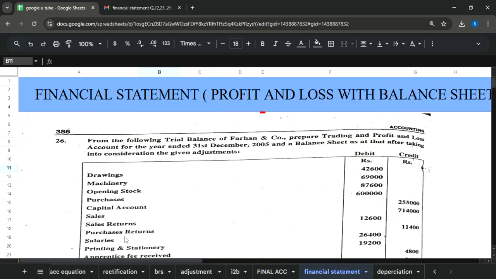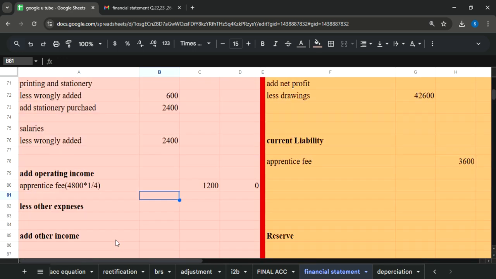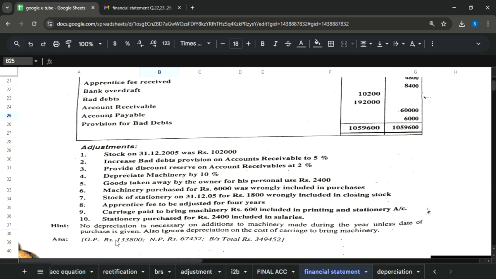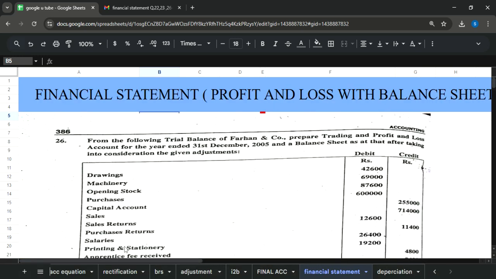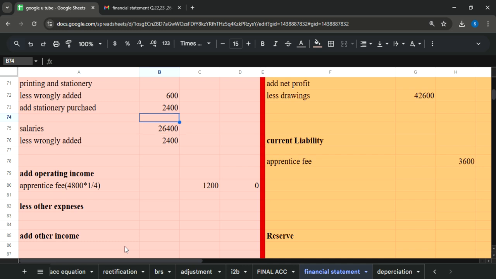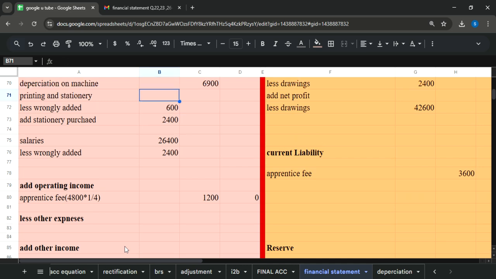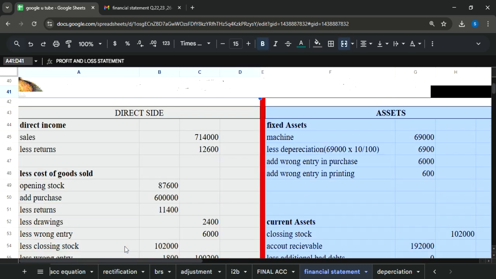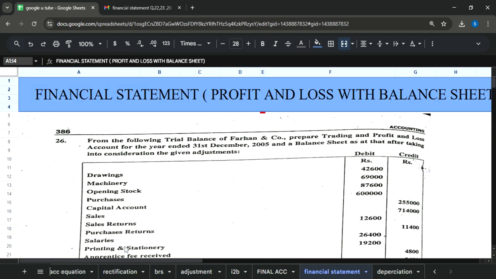Purchase return. Then we have salaries 26,400. 26,400 is the amount of salaries. And then we have printing, that is 19,200. 19,200 is the amount of printing and stationery. Then we have apprentice fees received 4,800.